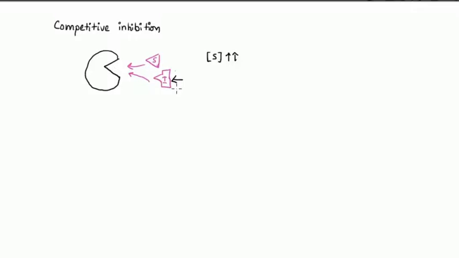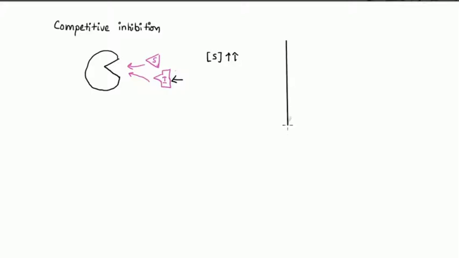And once we do that, we would eventually get the probability of the substrate binding to the enzyme much more than the inhibitor, because the amount of substrate is much more. So to deal with this kind of inhibition, we increase the substrate concentration. And how would the graph look like?